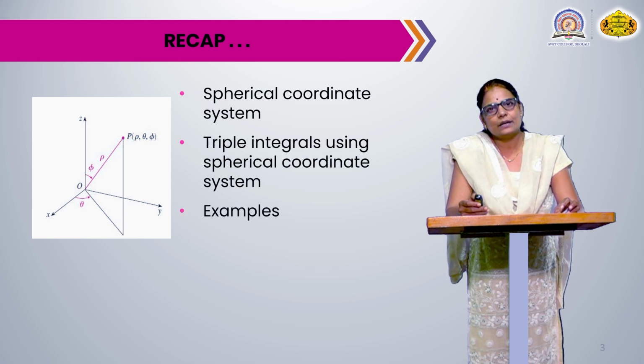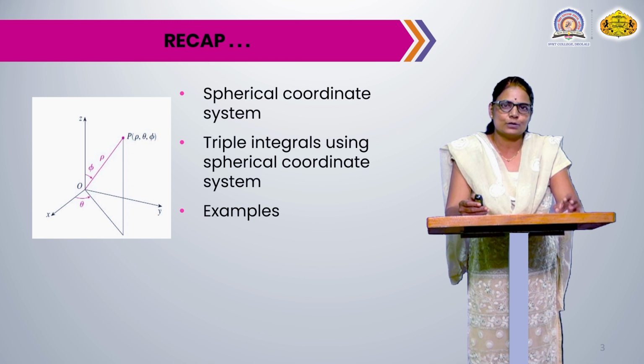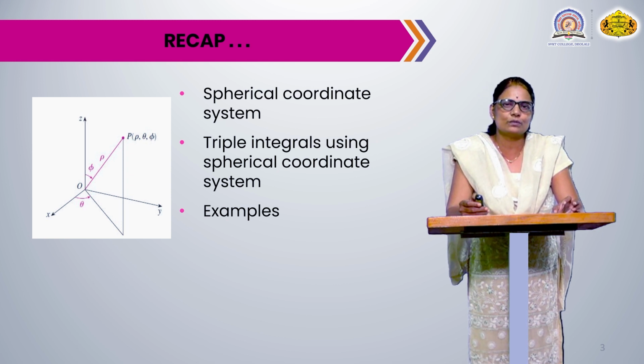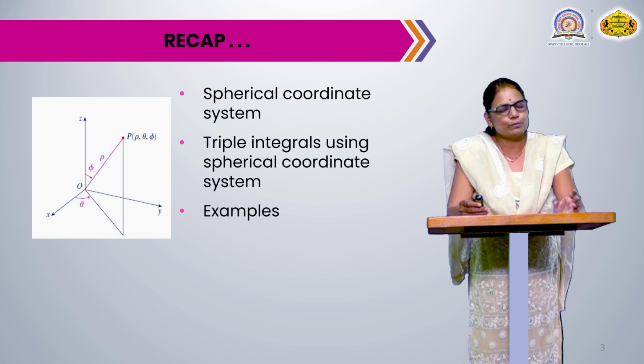So we know that if P is any point in three-dimensional space with Cartesian coordinates x, y, z, let us consider the spherical coordinates rho, theta, phi. The first spherical coordinate is rho. It is the distance of the point from the origin, so obviously it is positive. The second spherical coordinate is theta.